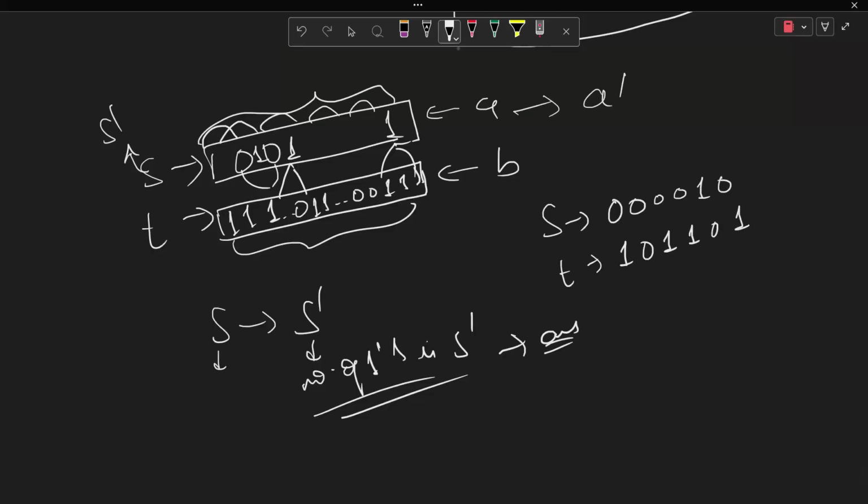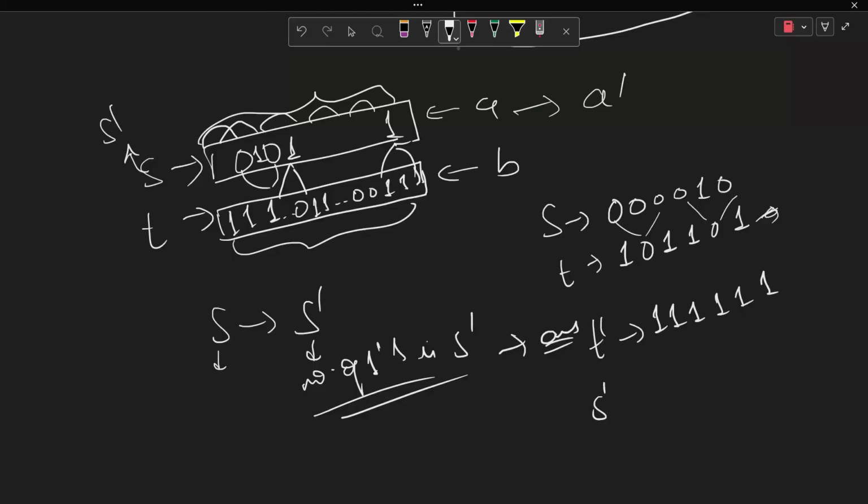Okay. Let's say you have this. Now, for this case, what would your S dash be? First, you will try to convert this T to T dash. So our T dash would be the T with maximum ones. So this 0 can be converted to a 1. This 0 can be converted to a 1. So it would have all ones here. Okay. What would your S dash be?